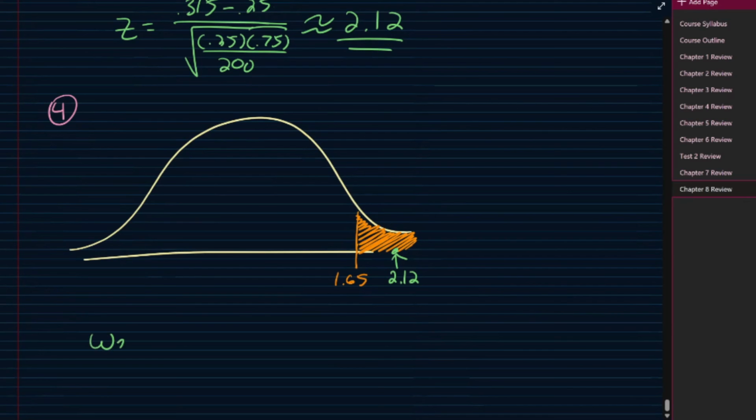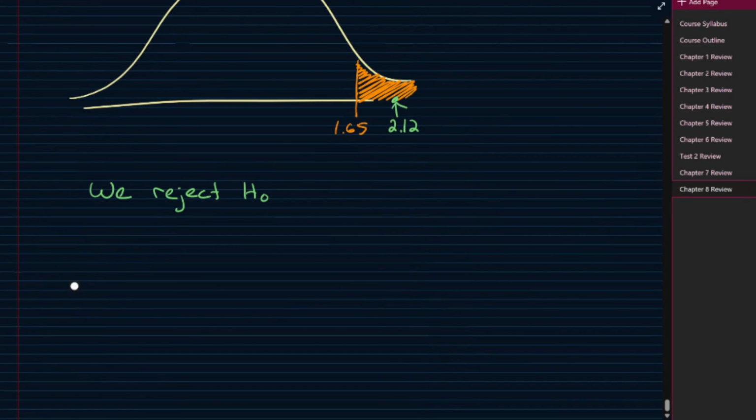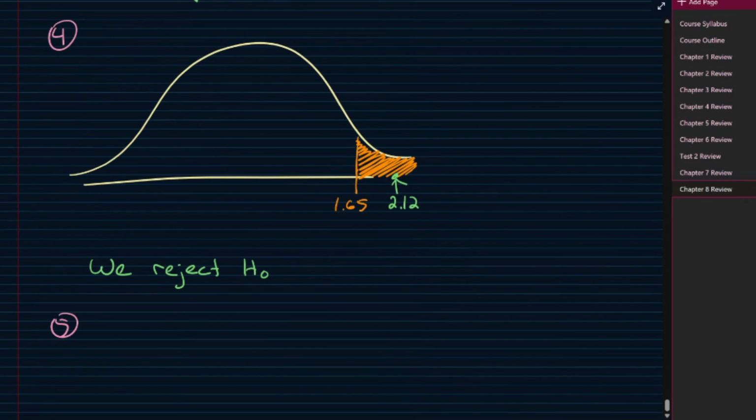So we're going to reject H sub 0. And finally, our summary: at an alpha of, what was this, 0.05, we do have sufficient evidence to support the claim that more than 25% of lawyers in the city that they're in use some form of advertising.